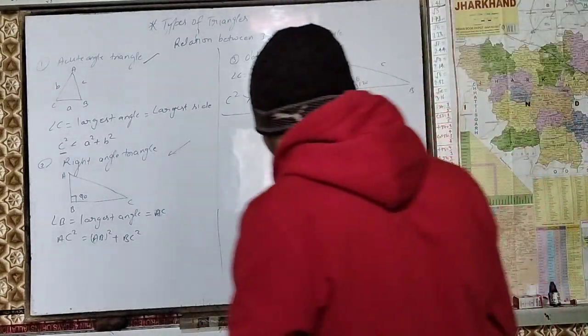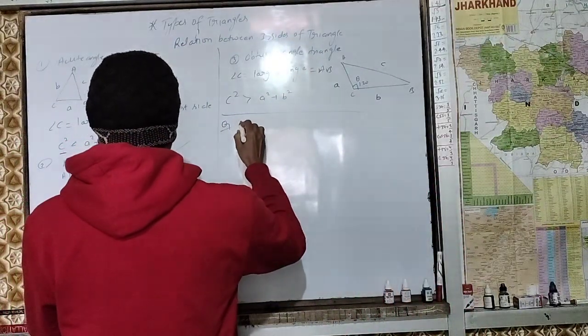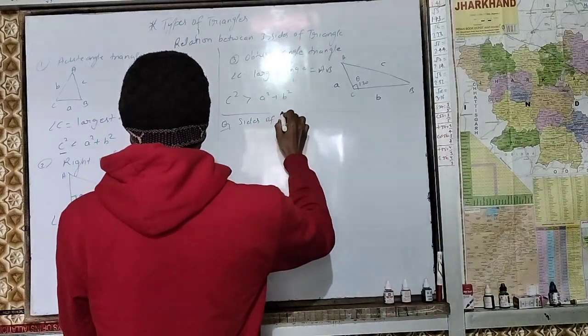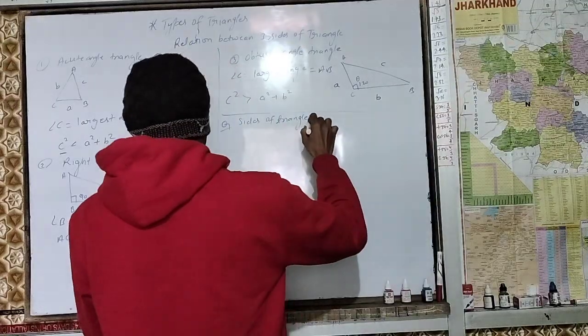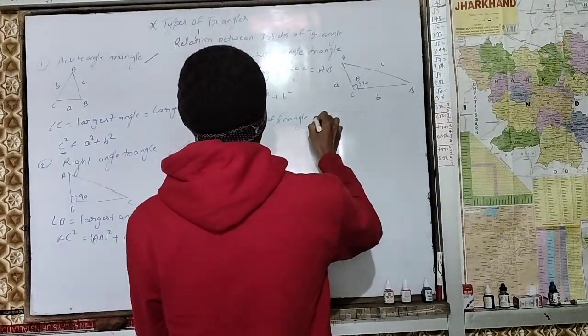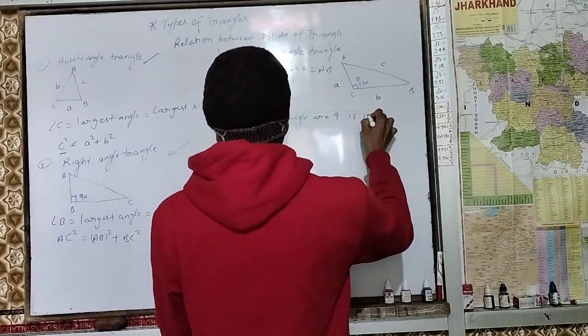Now let's take the question. The sides of a triangle are in the ratio 9 is to 13 is to 18.